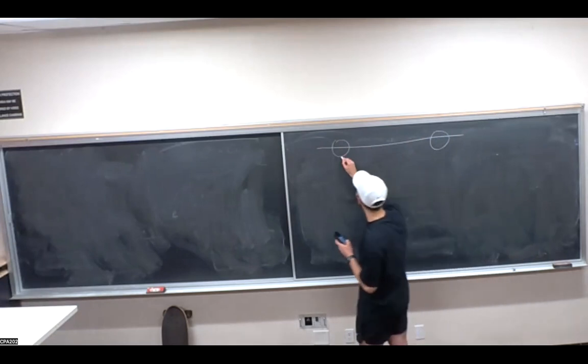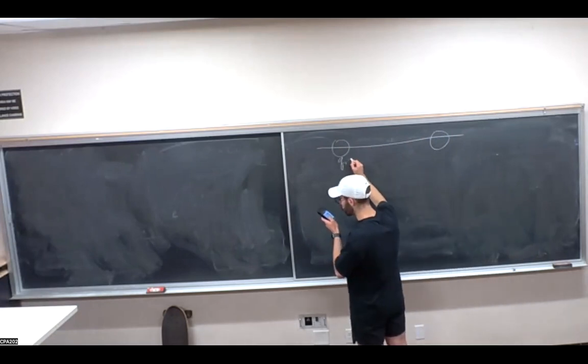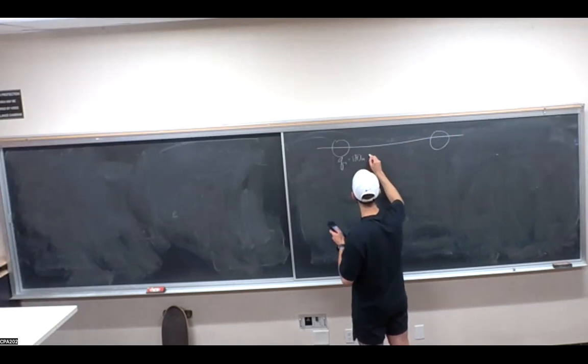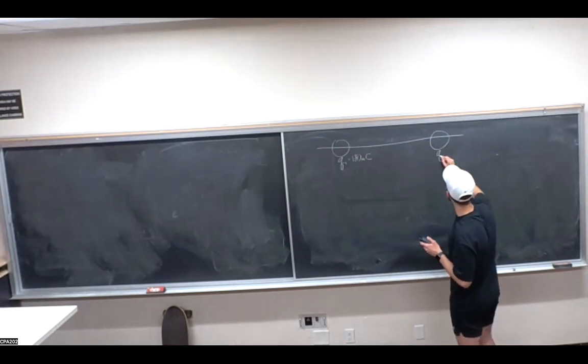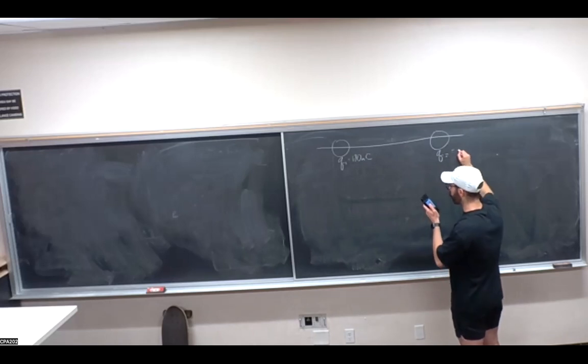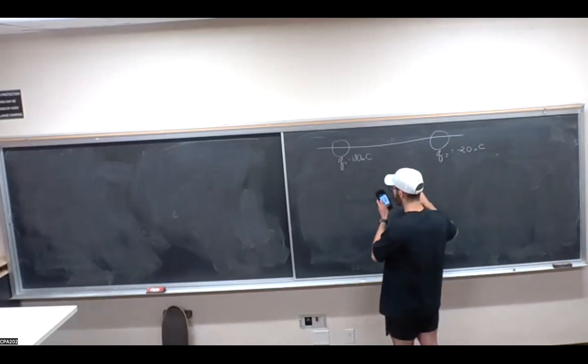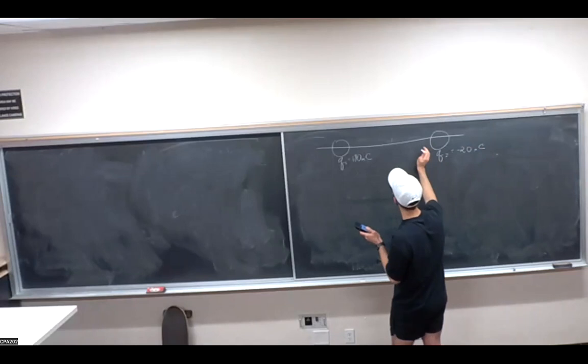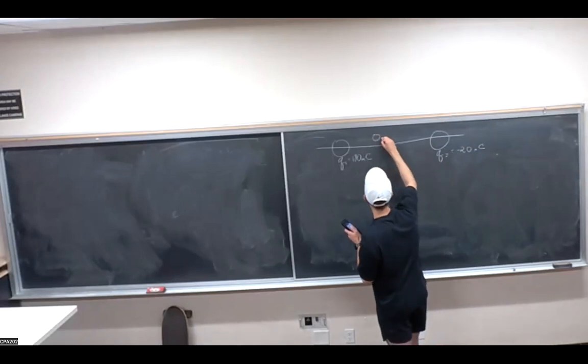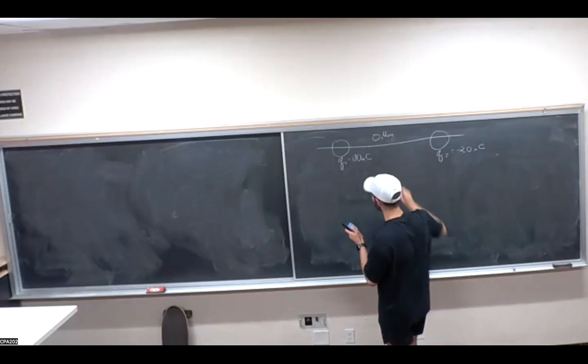We know that we have Q1 here, which is equal to 180 millicoulombs. And here we have Q2, which is equal to minus 20 millicoulombs. It's located 40 centimeters to the left, so here is 0.4 meters.